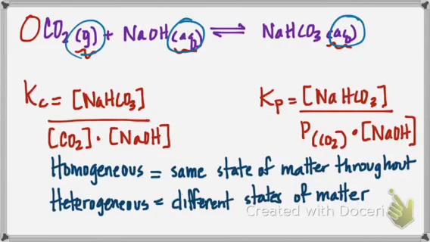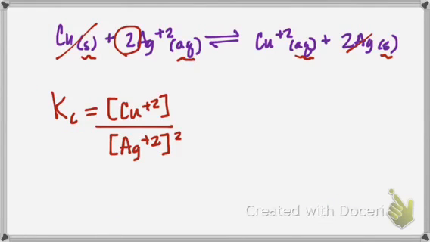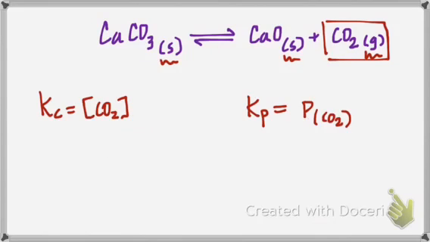So when you go back and take a look at the other ones, if I had to classify these, the expression here is going to be homogeneous, and the reason is because you're only dealing with the two aqueous.